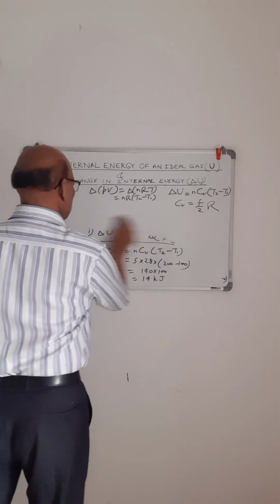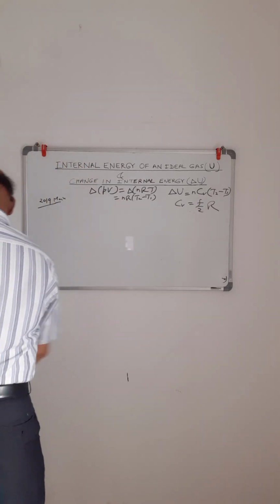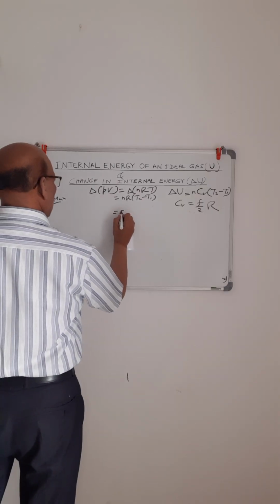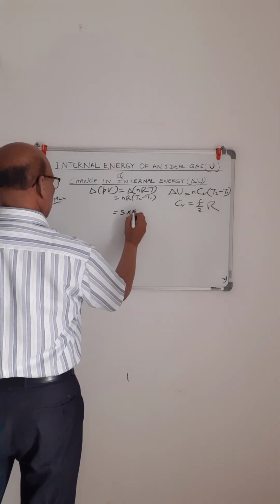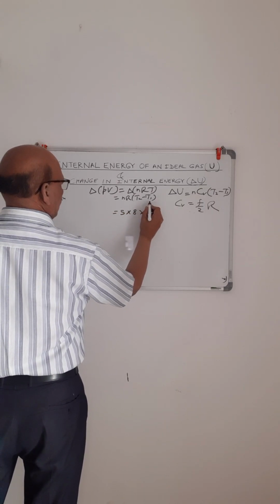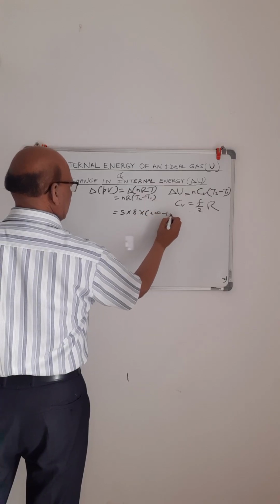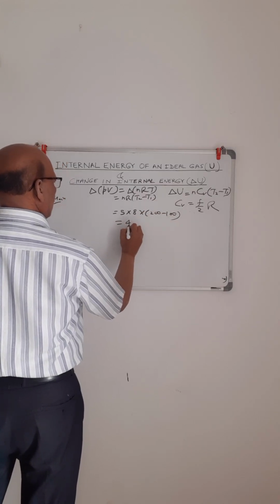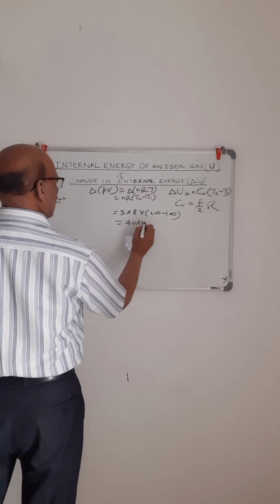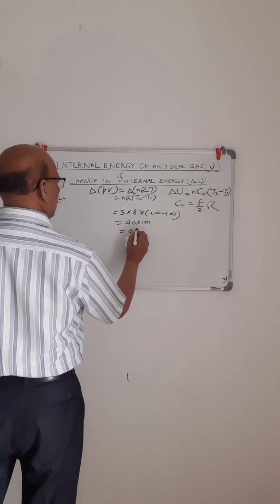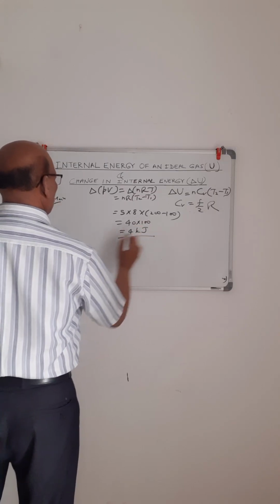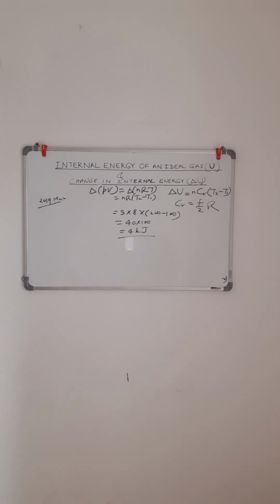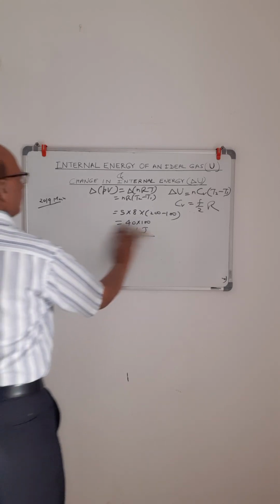Because it is 5 moles, it is given to us, so N will be 5 moles into R is given to us as 8 into 200 minus 100, so it will be 40 into 100, that will be 4 kilojoule. So we have calculated the value of delta PV and delta U.